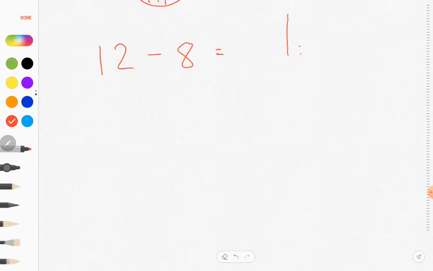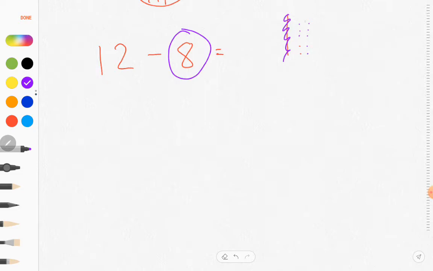Now we are going to try to take away 8, but the only problem is I only have 2. So I can't take away 8 from 2. So I'm going to regroup this 10 into 8 ones. 1, 2, 3, 4, 5, 6, 7, 8.